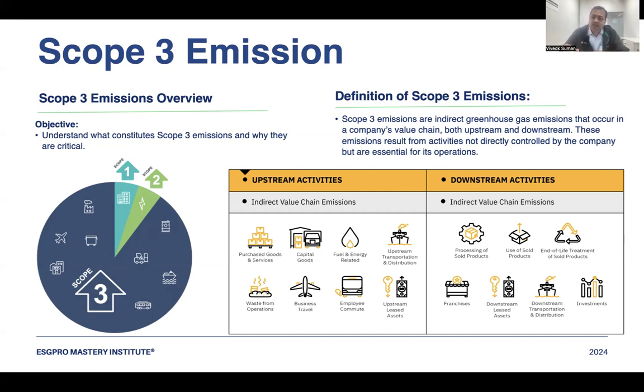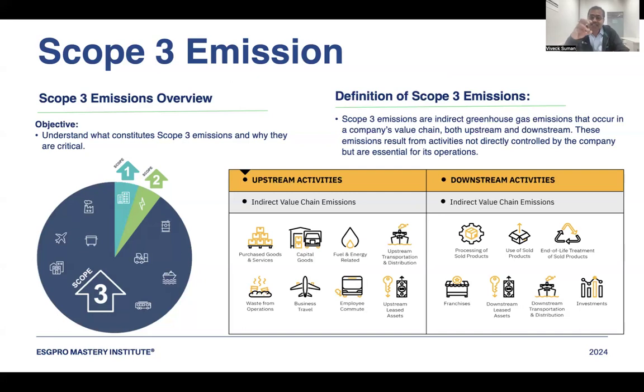If you are using purchase as a word and still making decisions, whether I should purchase from this source or that source, one supplier with renewable energy, one supplier with grid energy, and you have that control, you are in scope 2. The moment you talk about the supply chain network, it goes into scope 3.